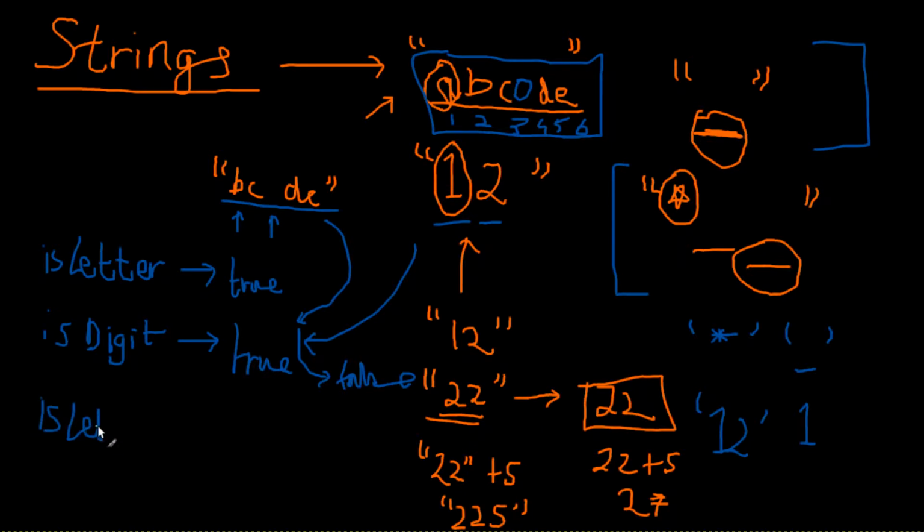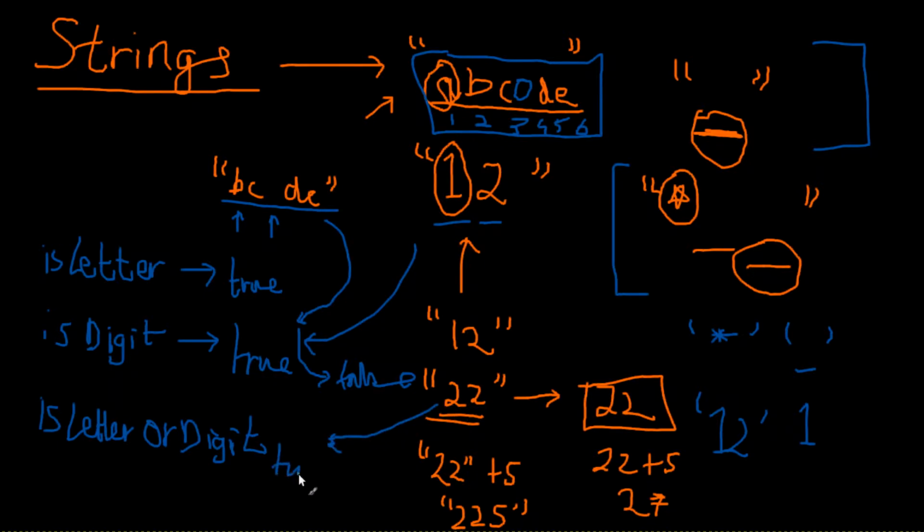Then you have a function which is a combination, isLetterOrDigit. You can make out from the name that it checks whether the thing that you've input is a letter or a digit. It won't tell you whether it's a letter or digit. If you input a 2 from over here, it'll return true. It won't return that it's a digit, it'll just return true.